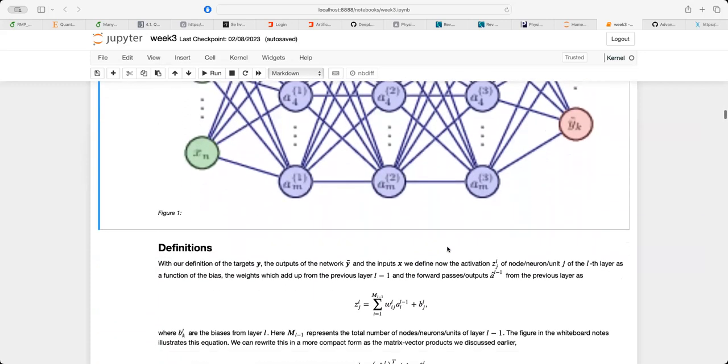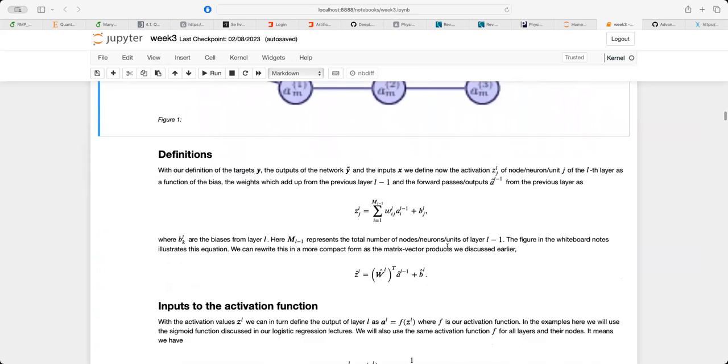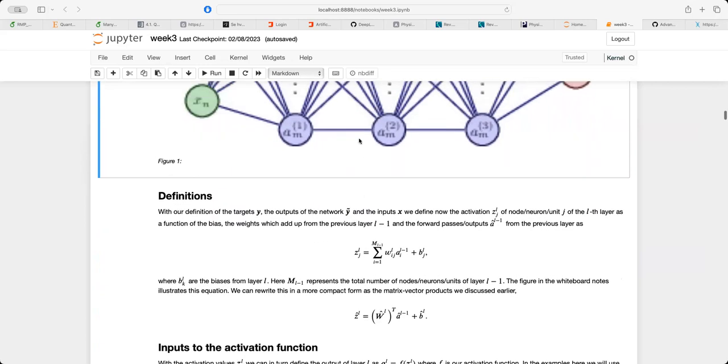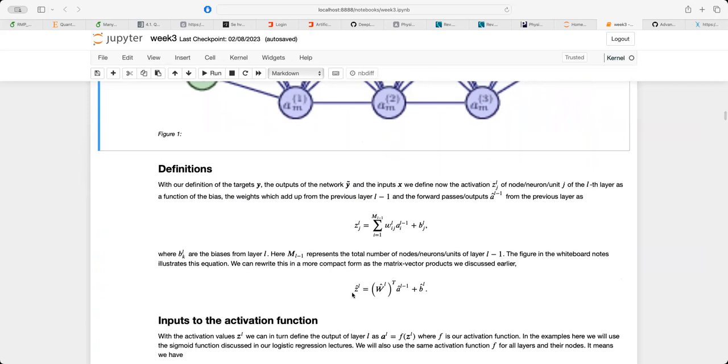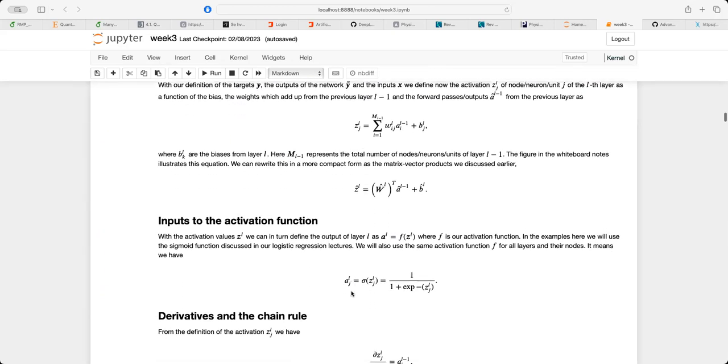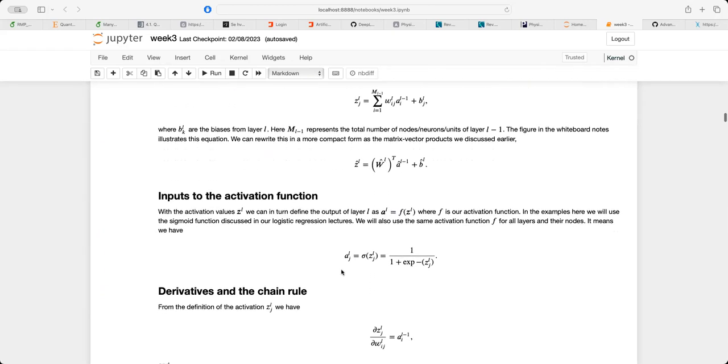So essentially, what we end up with then, when we look at these definitions, is that C here is the typical input to one of these nodes. And this is fed into a so-called activation function. We can write it in this form here. And this is roughly what we discussed last time. So these A's, which I have in that figure, are now given by some function, which we call an activation function, which often, and in its simplest form, is given by the sigmoid.